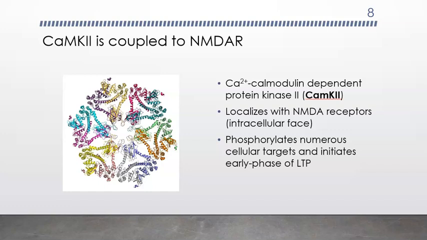So it's within that postsynaptic cell, connected to the NMDA receptors. And what happens is it phosphorylates a number of different cellular targets and initiates what we call early phases of LTP. So when you activate the NMDA receptors, it activates CAMK2, which then activates LTP.